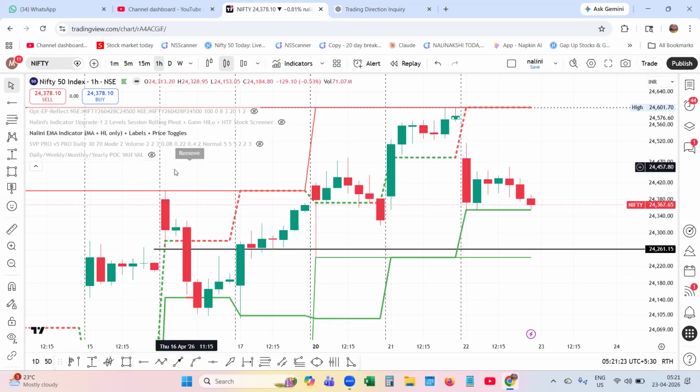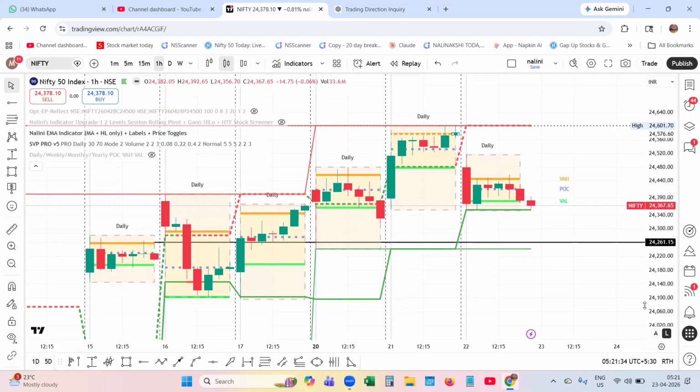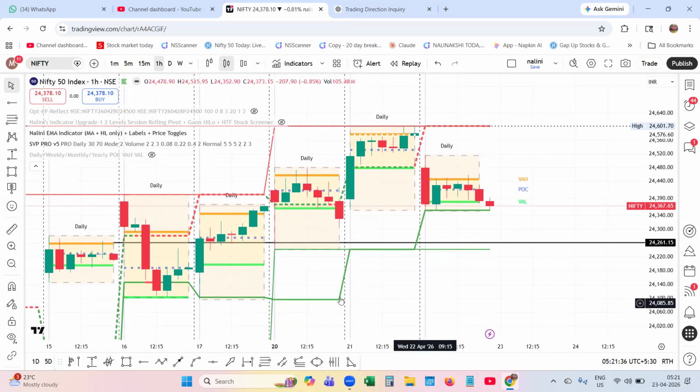I'll show that indicator, SVP. This is also market memory POC in a very nice way. It gives me daily levels. This is the extra area.